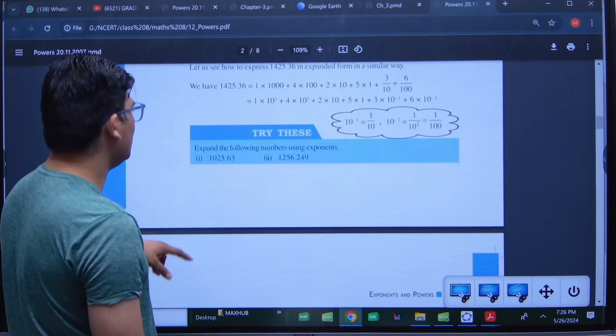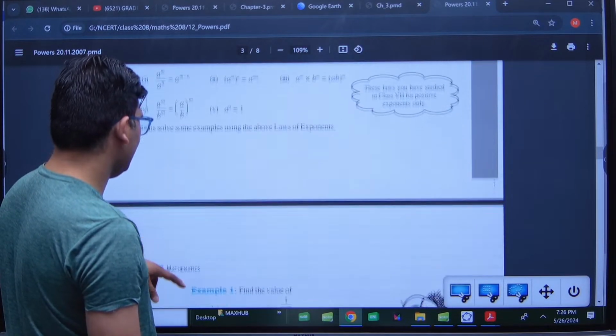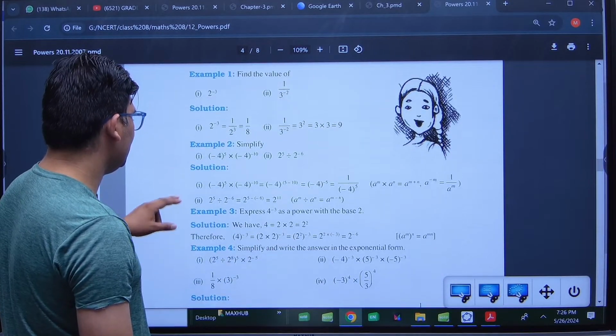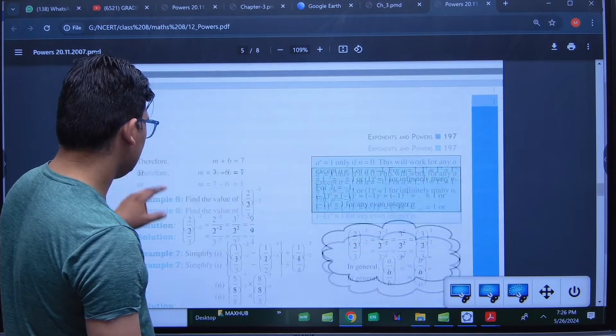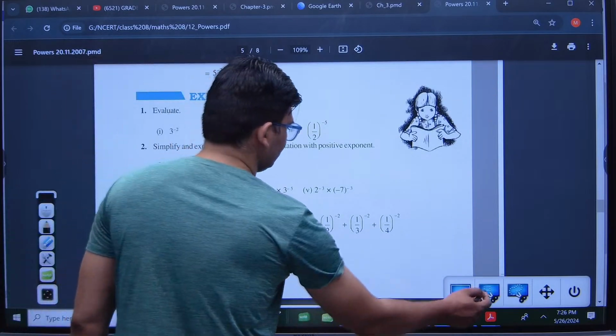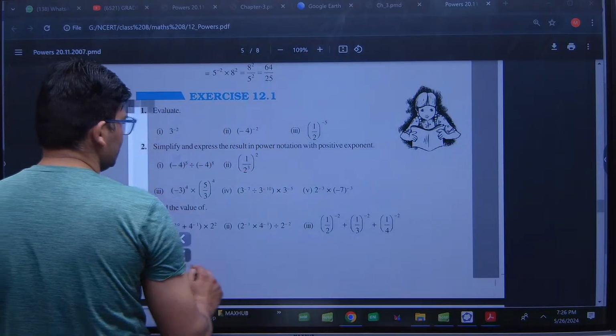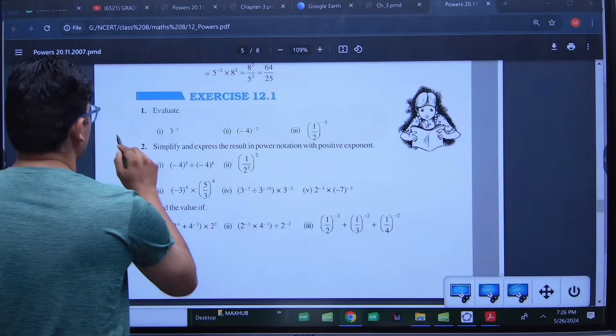They don't know how to multiply and divide, when to use multiplicative law, when to use which law. So let us see some questions from the textbook. Even though they are easier questions, the questions will keep on coming tough to confuse you.